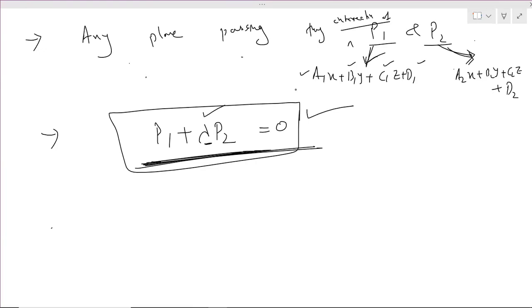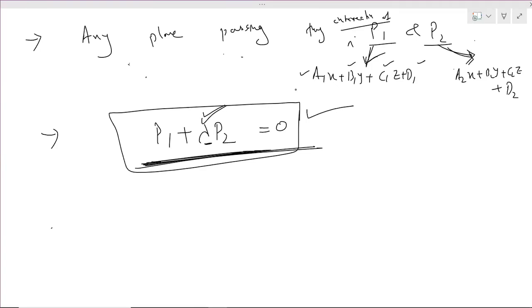So how to find lambda? For that, they will give you a condition: a plane passes through the intersection of P1 and P2 and is at a distance of this from origin. So using that condition, you can find the value of lambda. Is it clear now? Yes, sir.